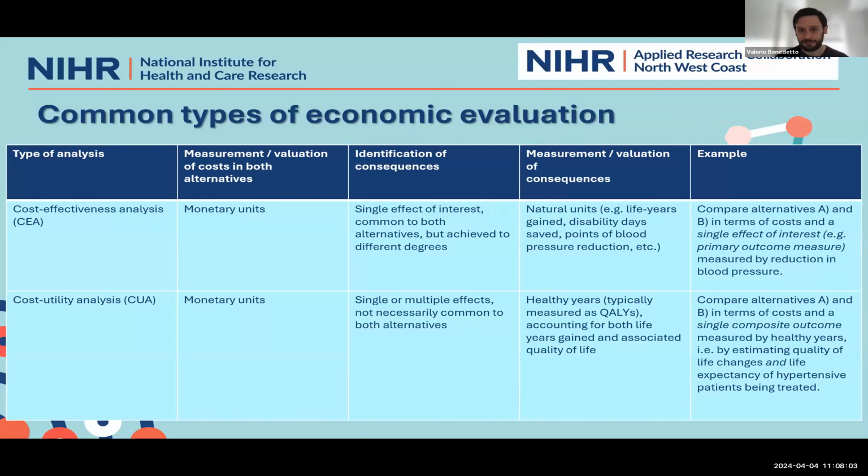The concept of healthy years is typically measured by QALYs, and the QALY is this common metric which can be applied to different health areas. And if you think about it, it's quite an advantage, because if you're looking at the reduction in blood pressure, yes, it's got a relevance for hypertension, of course. It might have some relevance for other health areas, but it's not widely applicable to every possible health or disease area with the same relevance.